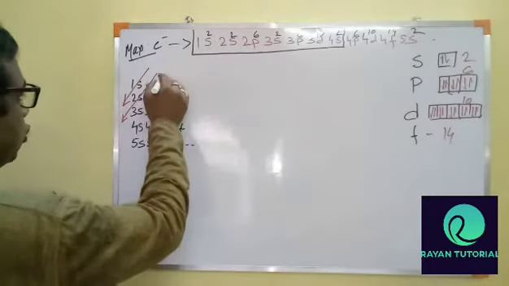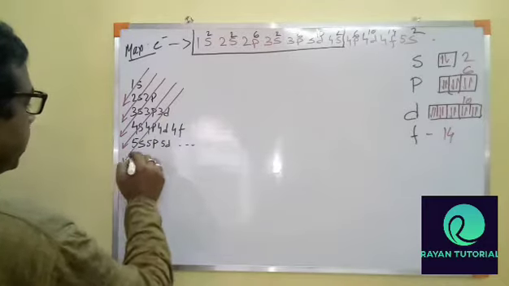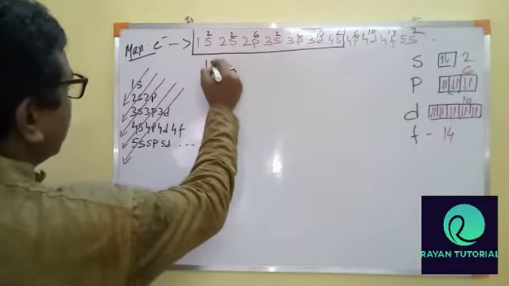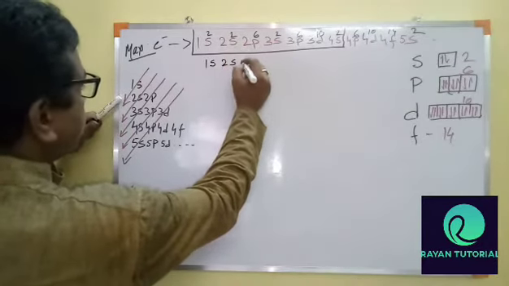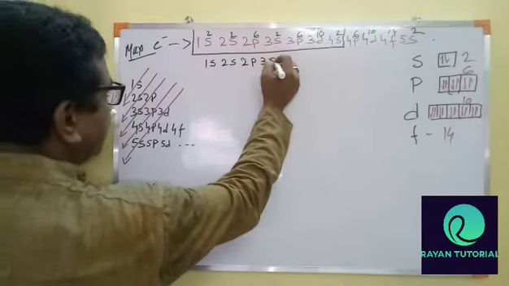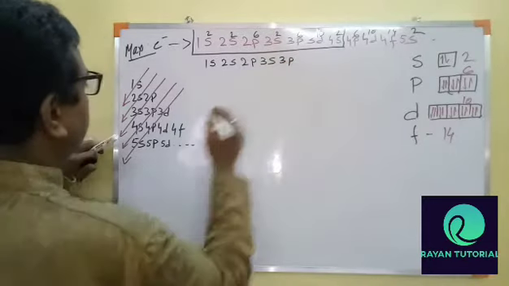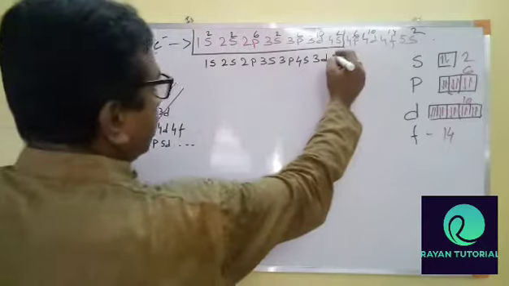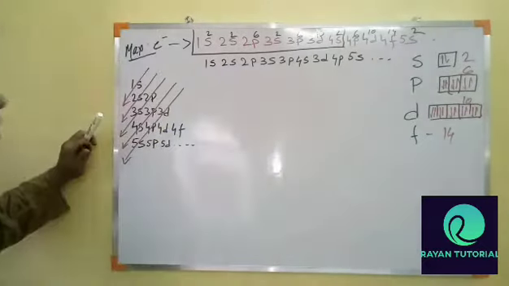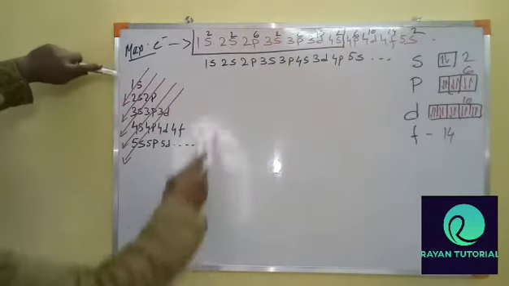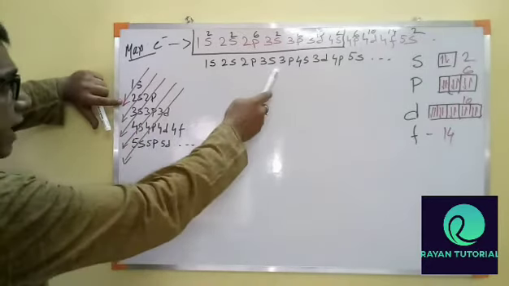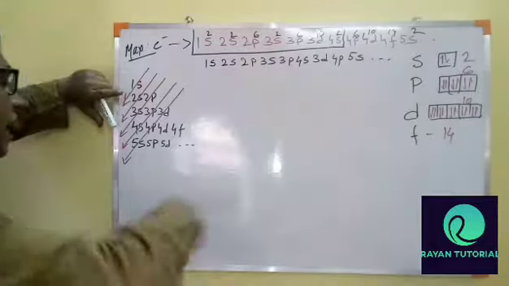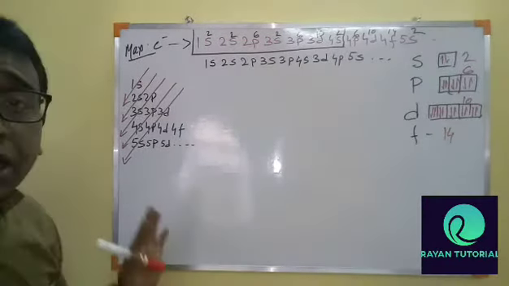That means when I fill up the electrons, first I have to fill 1s, then 2s, then 2p, then 3s, then 3p, then 4s, then 3d, then 4p, then 5s, and so on. Clear? So this should be my electronic configuration.